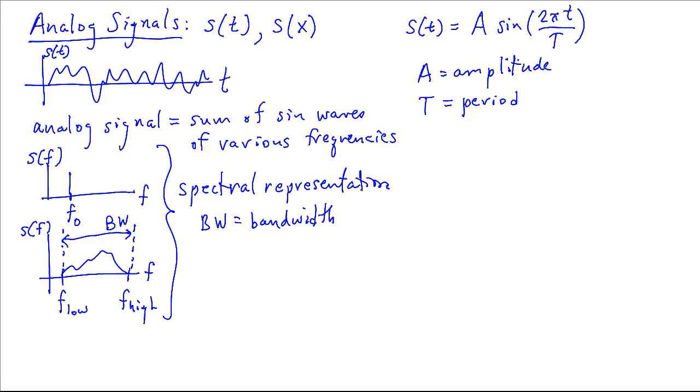The amplitude may have various units, whatever the units of the wave are. So for example, if it's a voltage on a wire, amplitude would have units of voltage. If it were a sound wave in the air, it would have units of pressure. Period has units of seconds.